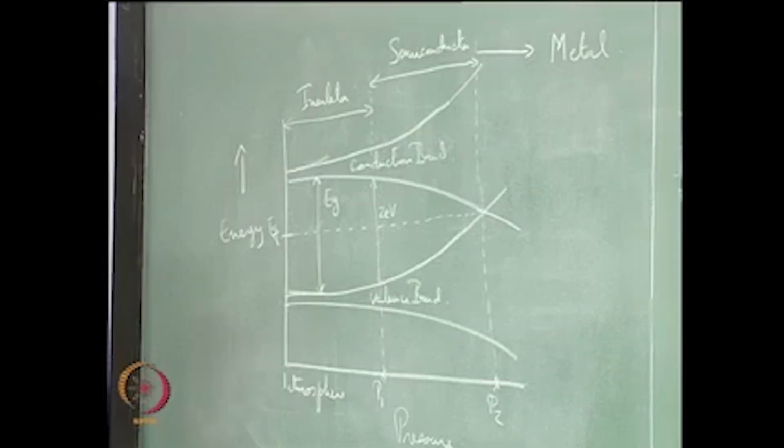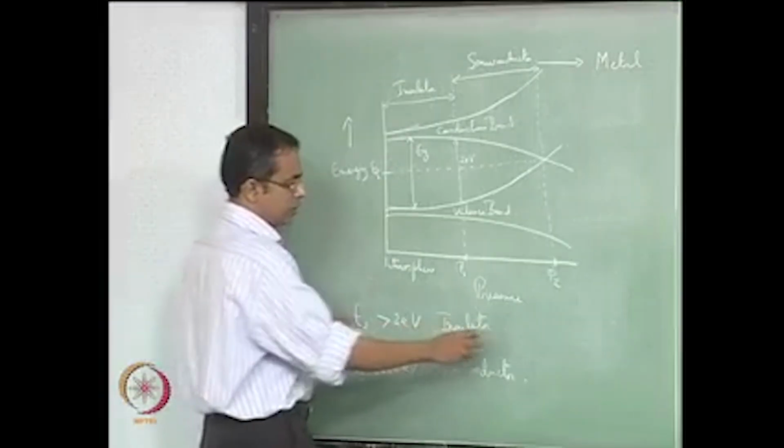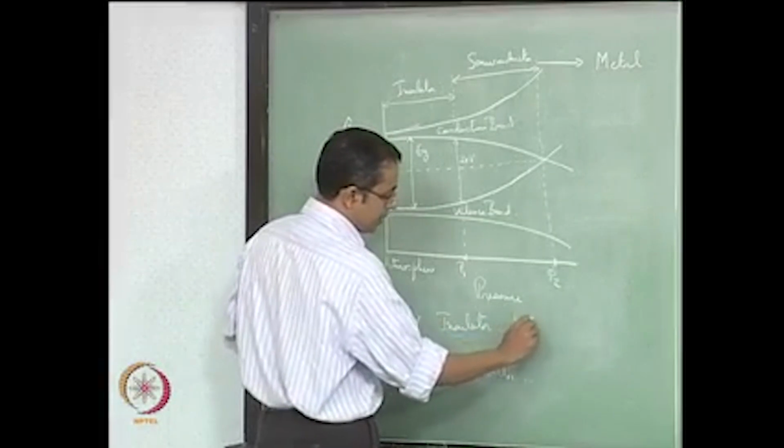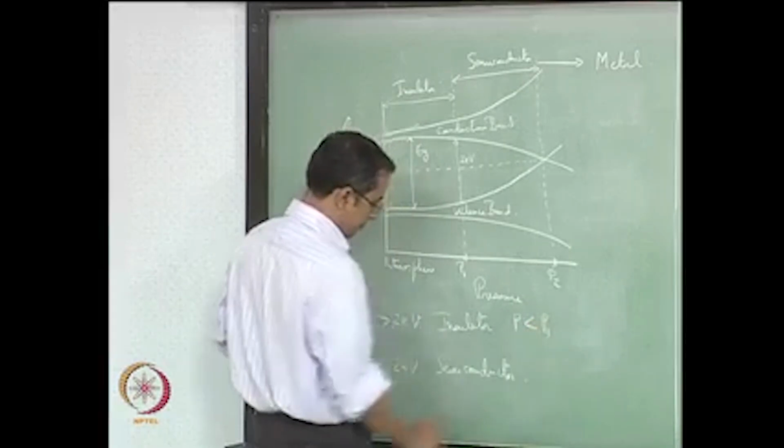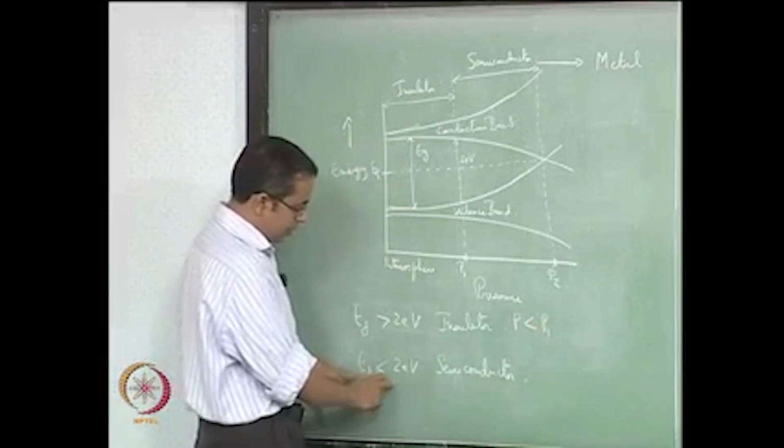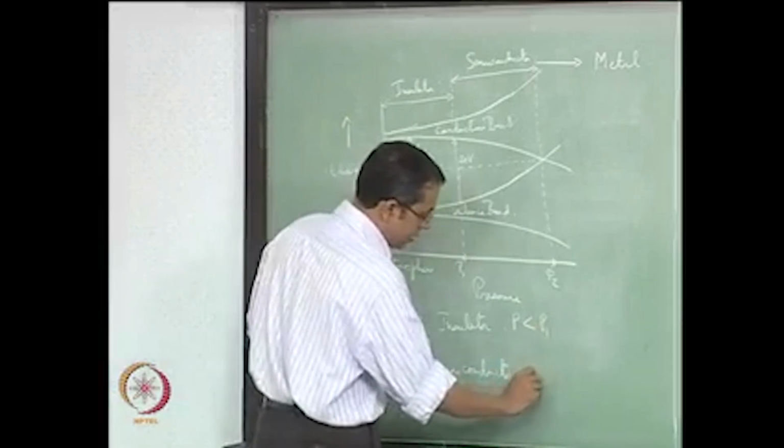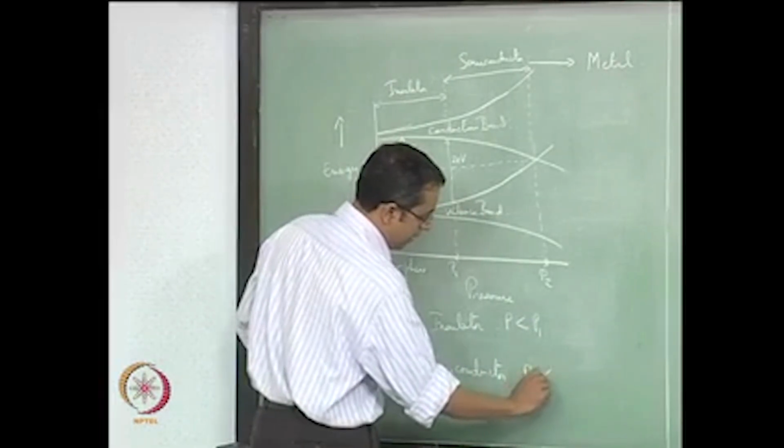So we now see, Eg is greater than 2 electron volts, it is an insulator for P less than P1. Eg is less than 2 electron volts, it becomes a semiconductor, so that is pressures between P1 and P2.